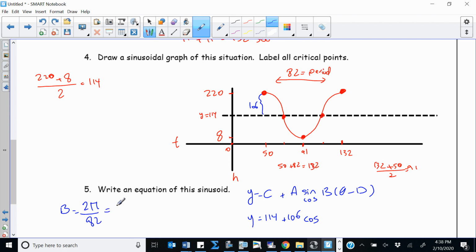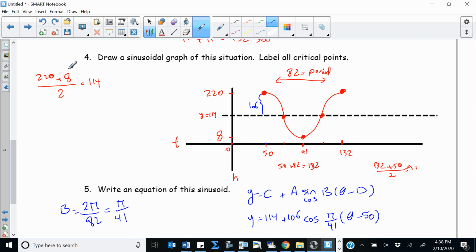So 2 pi divided by 82, which will be pi over 41. So this is the b value. I'm going to write that here. And then theta minus d is the horizontal shift, which is here at 50. The horizontal shift moved 50 to the right, so minus 50. So this is the equation of the function.